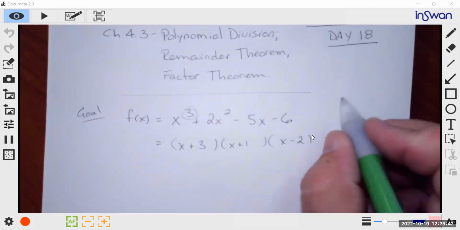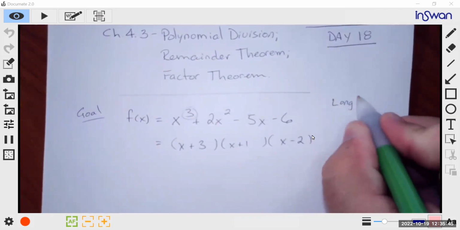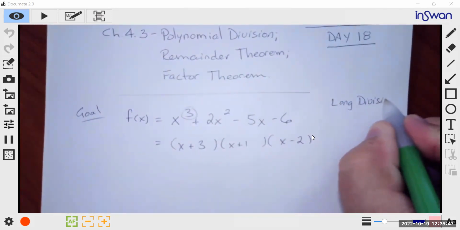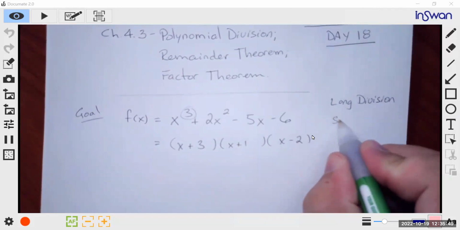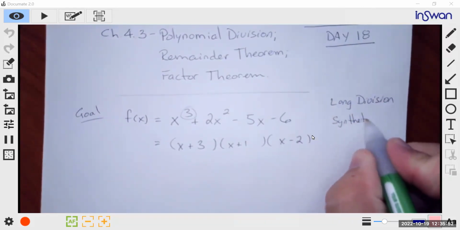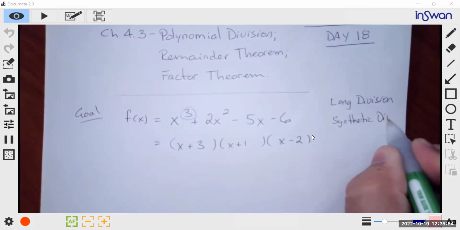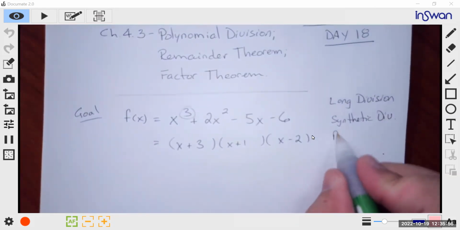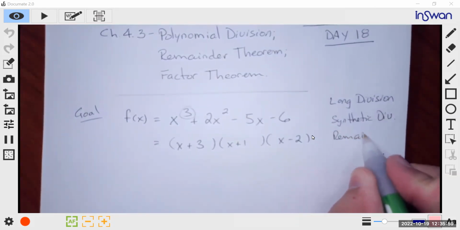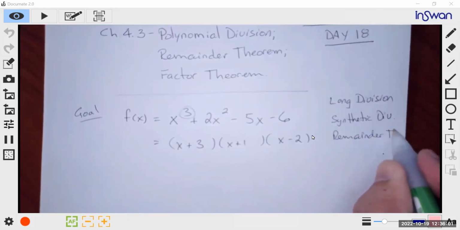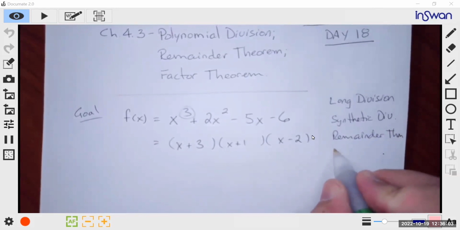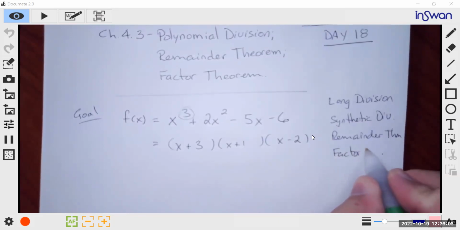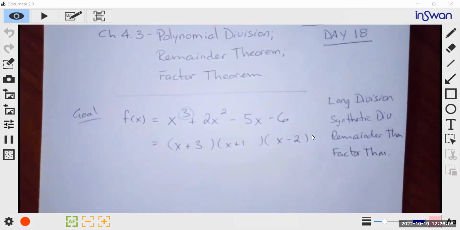We're going to discuss long division, synthetic division, the remainder theorem, and the factor theorem. All of those help us to cut these things up into the smallest pieces.